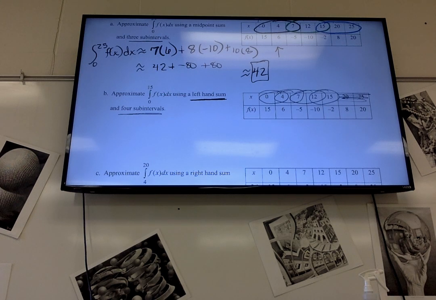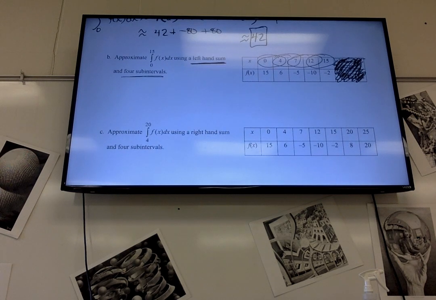And we're not going to worry about these last ones because it's a left-hand sum. Now, if it said 5 subintervals, we would do another one. And actually, these would not be given to you. I just copied and pasted it, but it would be exact for you if it was on the test. So you wouldn't even have to worry about those.